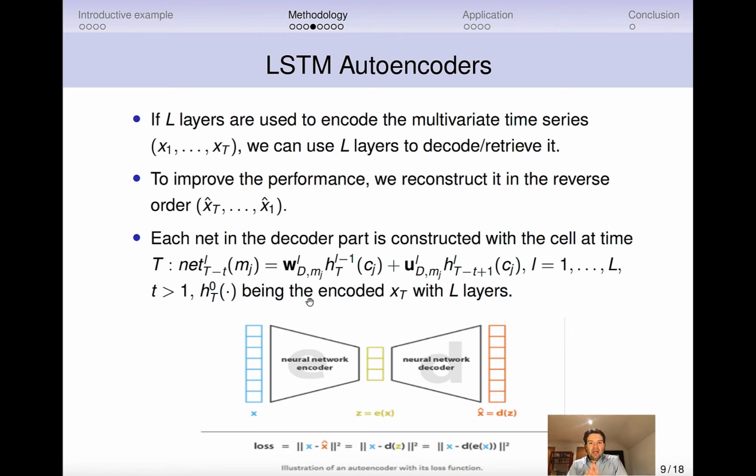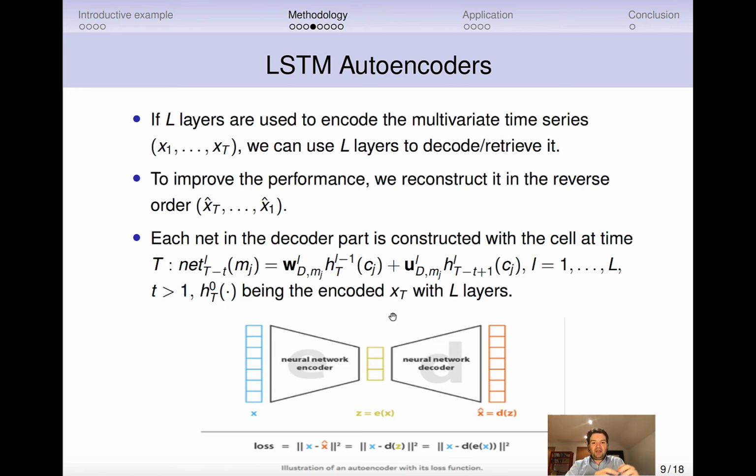There are two LSTM networks. The first one transforms this into this, and the second one transforms this into this. To improve the performance, when we have transformed x_1 to x_T, we are going to revert it. We are going to reconstruct it, but in the reverse order.